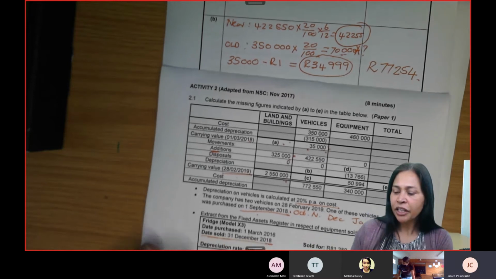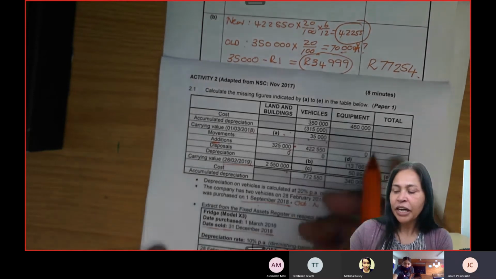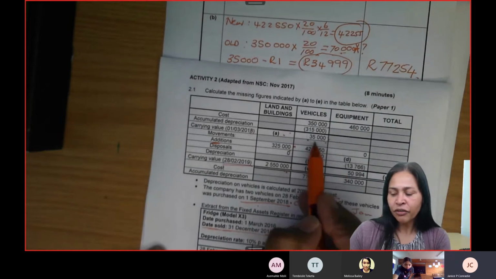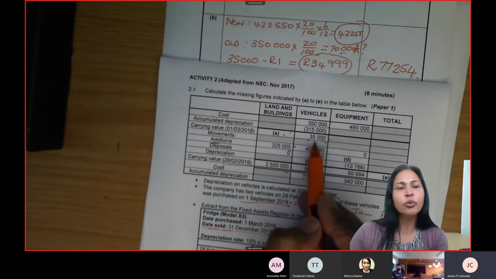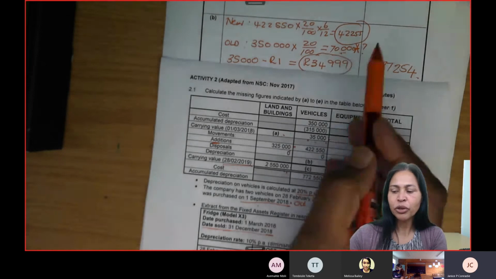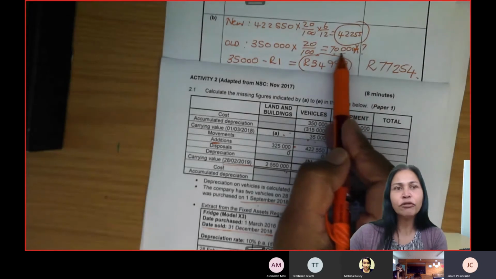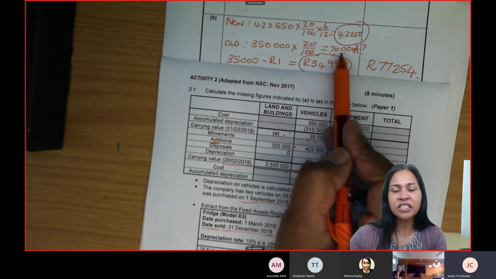Okay. Now, again, if you look at your carrying value, your vehicle is only worth 35,000. But according to your calculations here, you have to write off a total of 70,000. Now, we cannot write off more than what the vehicle is worth. We cannot have a negative amount in our books or a zero in our books. For that reason, if the vehicle is still in use by the business, then we record it at a minimum of R1 carrying value.